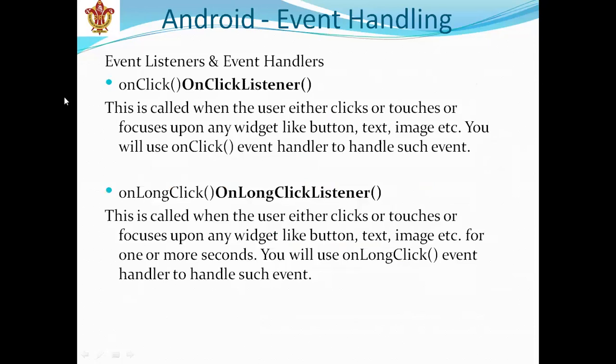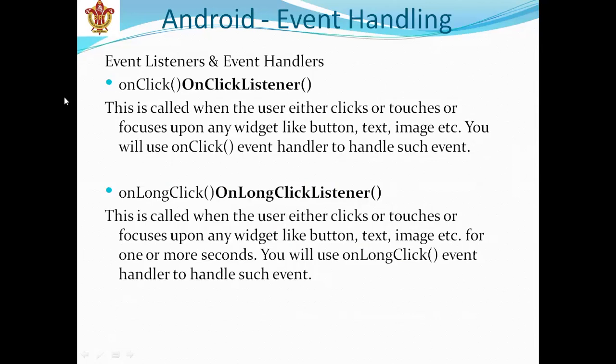First of all, we will see the on click listener. This is called when the user either clicks, touches, or focuses upon any widget like a button, text, or image. You will use the on click event handler to handle such an event. What is the event handler?